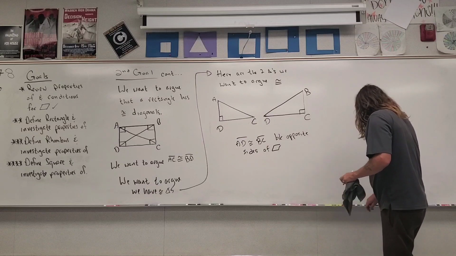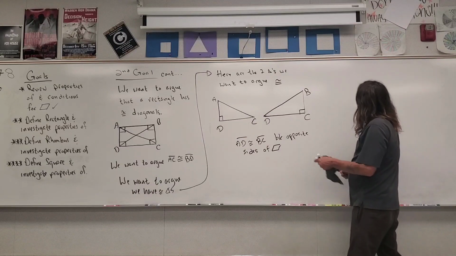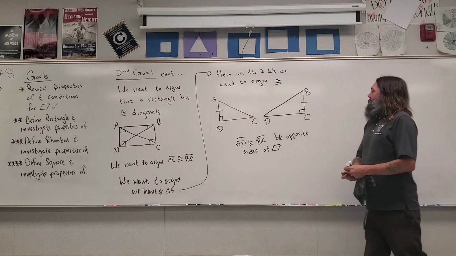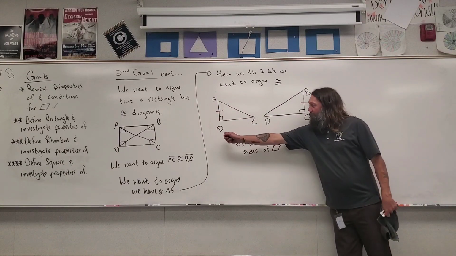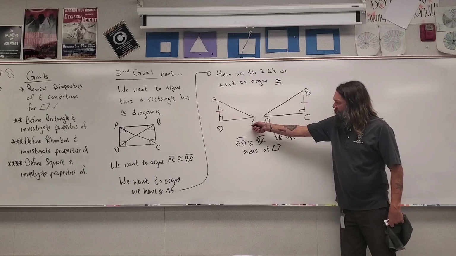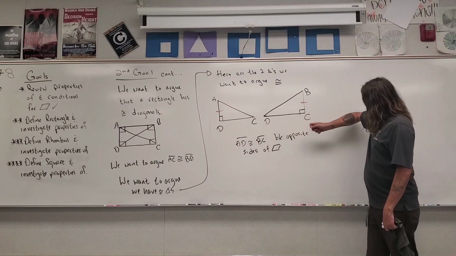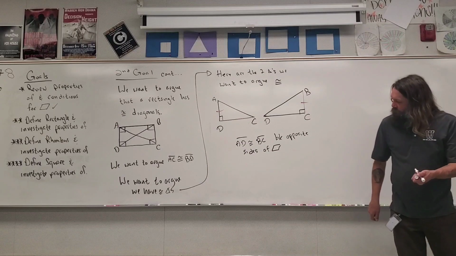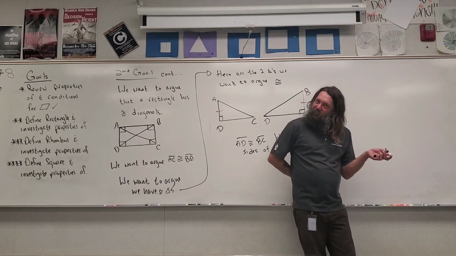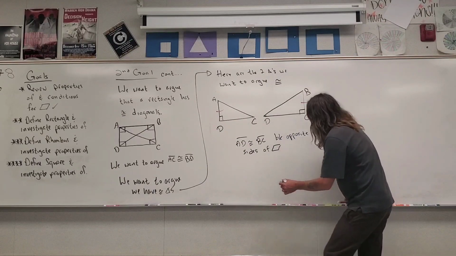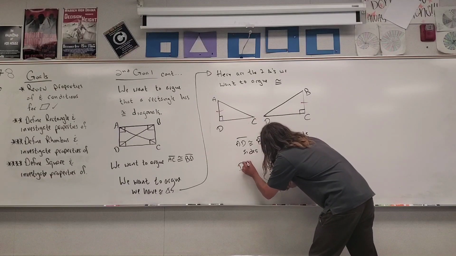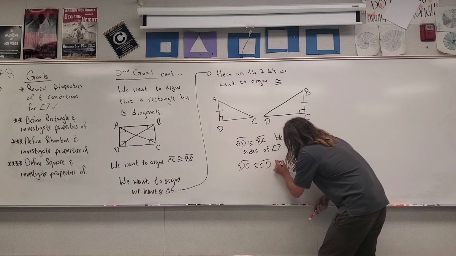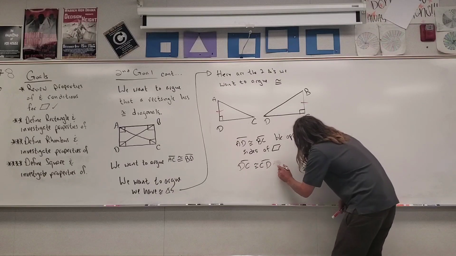So what that means now is that I know that that guy is congruent to that guy. Now, I can also say that side DC is the same as side DC by the reflexive property. Right? What do you say when you look at yourself in the mirror? Dang, I'm looking congruent today. So I could say that side DC, and I should write it like this, is congruent to side CD because of the reflexive property.